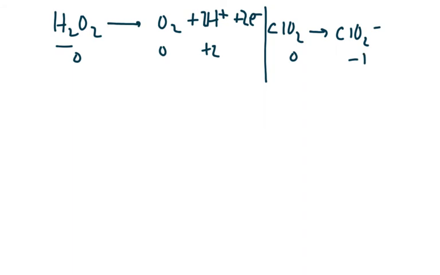So the more positive side is the side on the left. So I'm going to add 1 electron over here. And then let me put my yield sign because that's the more positive side.